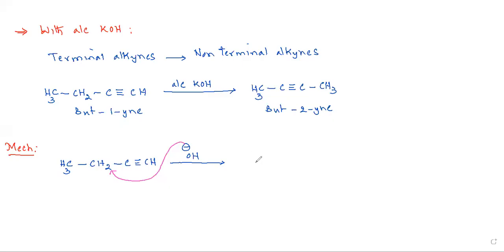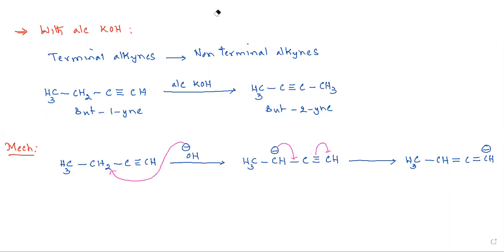Now, when that is abstracted, we get CH3, CH minus, C triple bond CH. Right? Again, go for this. A double bond is formed. Even this also becomes a double bond. CH3, CH, double bond C, then this will be CH minus.